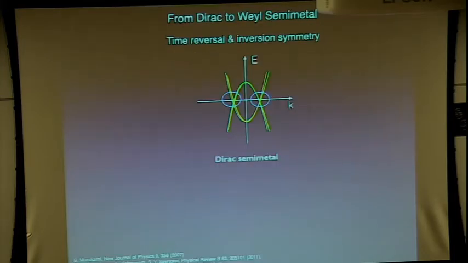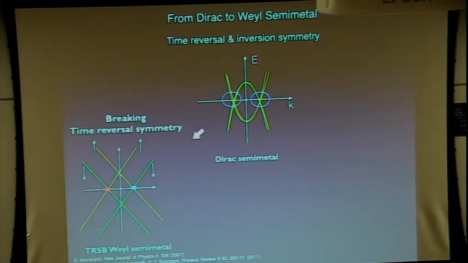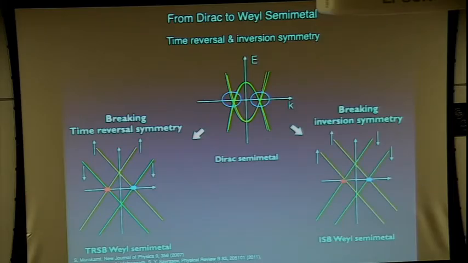Okay, and now you can go from Dirac to Weyl, as you have learned in this summer school undoubtedly. There are two different ways to do it. You can either break time reversal symmetry using, for example, a magnetic field, or you can break inversion symmetry in your crystal structure.